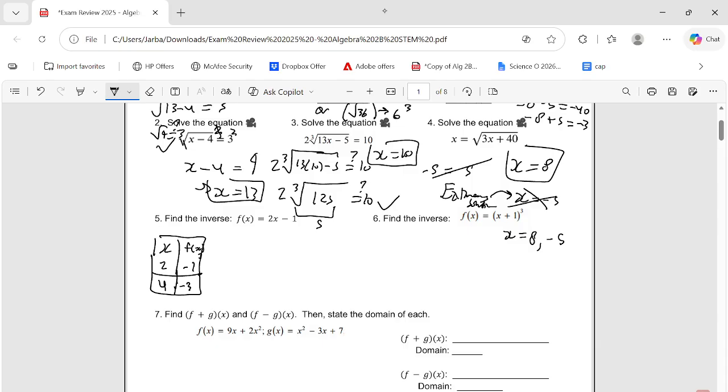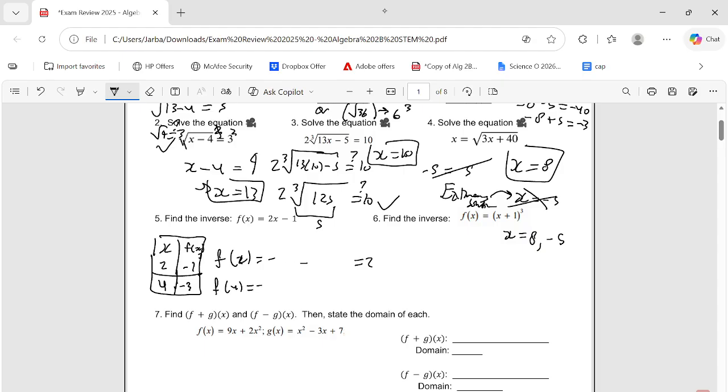So f of 2 is negative 1, and f of 4 is negative 3. Well, we could say the opposite for the inverse, that f inverse of negative 1 is equal to 2, and f inverse of negative 3 is equal to 4. So the inverse just has the inputs and outputs swapped.